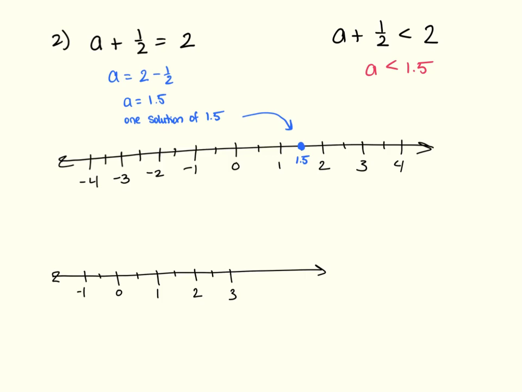It's not equal, but all solutions less than 1.5. Okay, so that's going to go here. So let's put an open circle at 1.5 because it's not equal to it. And let's draw that line showing with an arrow to represent all values less than 1.5.